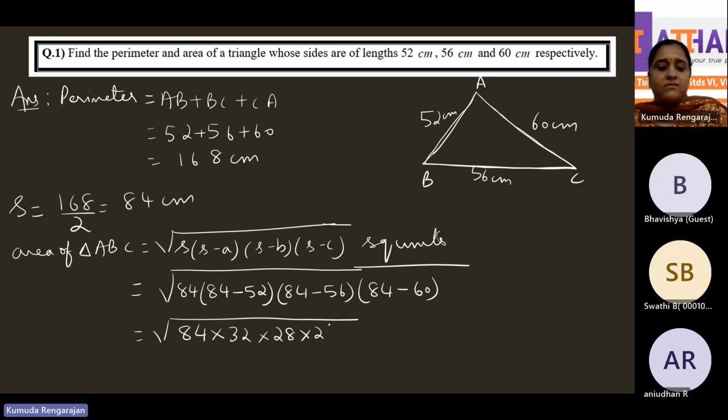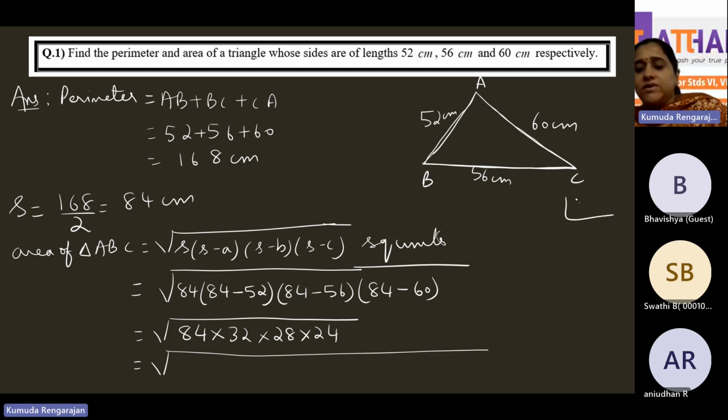Okay. So next, tell me the prime factorization: express 84 as a product of its prime factors like this. Do this method and tell me.